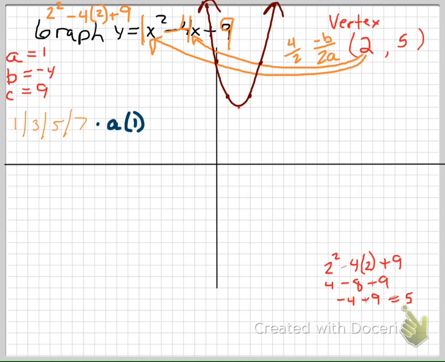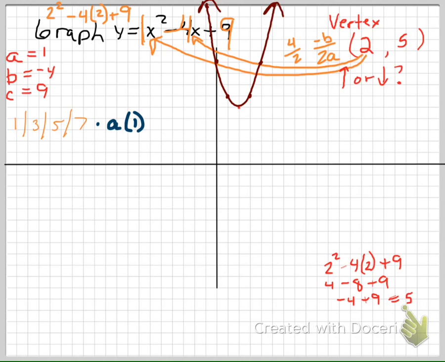Let's try again. Actually, there's a little more on this. How can we tell if a parabola is going to be up or down just by looking at the equation? Right. If A is positive, the parabola is going to be going up.